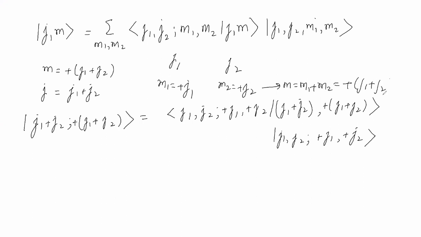This must be plus J1 plus the projections. Okay? You may notice that we are always writing the projections either with a positive sign or with a negative sign. Okay.